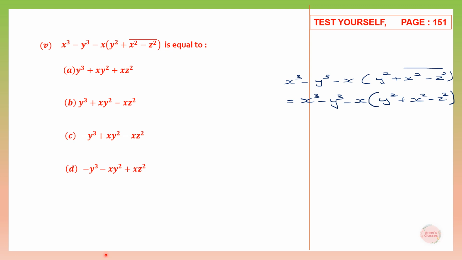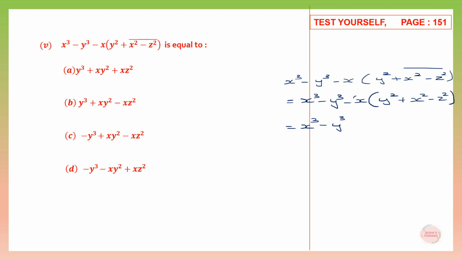The next thing that we need to do is remove these brackets. Before that, is there anything inside that we can work out? There's nothing because they are all unlike terms. So before the bracket, we have minus x. We have to multiply minus x into each term inside. So this is x cube minus y cube.